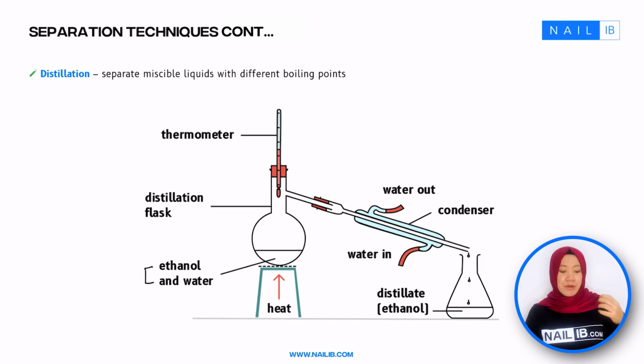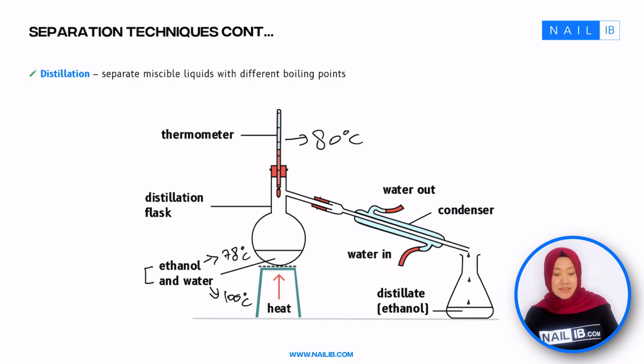So you need to consider the boiling points of these two: ethanol's boiling point is around 78 degrees Celsius, and water's is 100. You need to make sure that the temperature doesn't reach near 100 degrees Celsius, because we don't want water to evaporate as well. Otherwise, we can't separate them. So to be safe, just make sure the temperature is around 80 to 85 degrees Celsius.